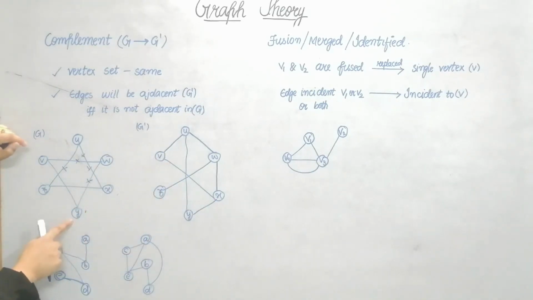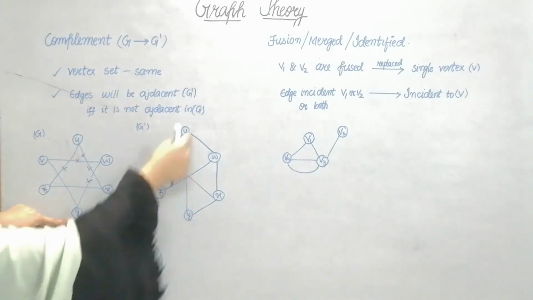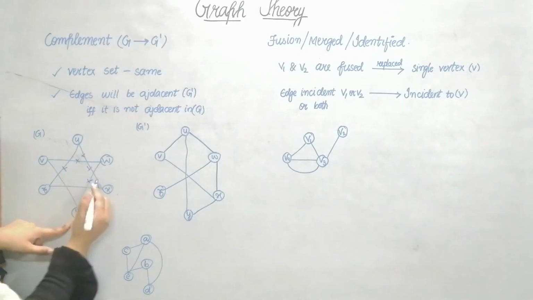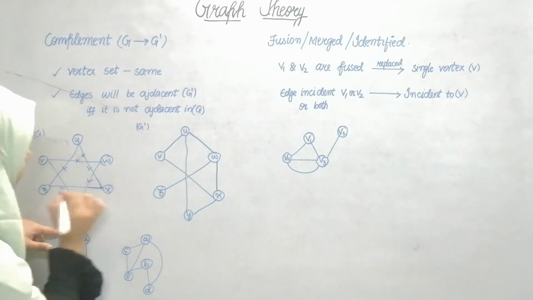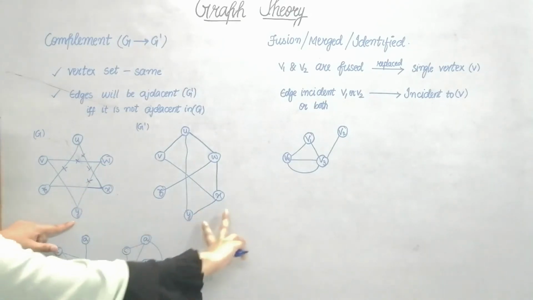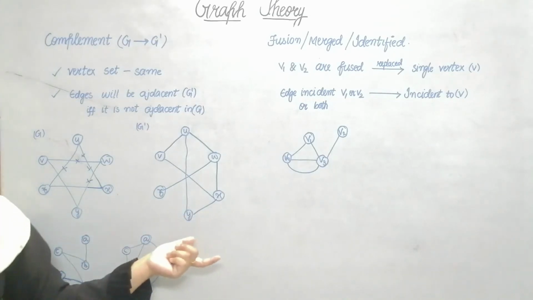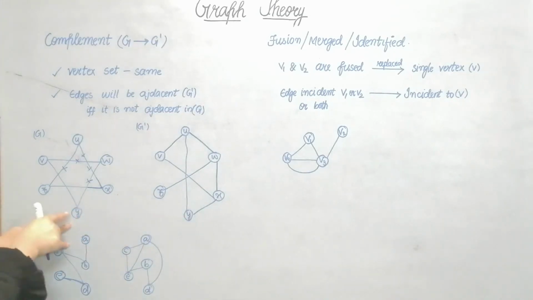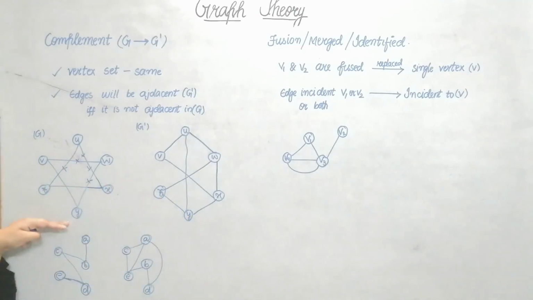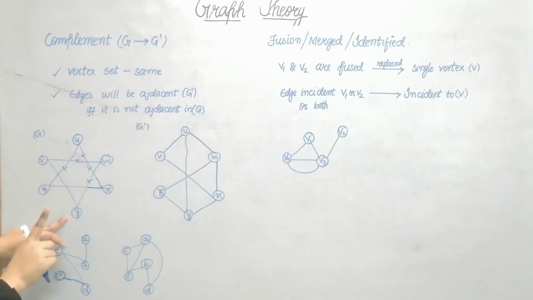Now let's see Y. Is Y adjacent to U? No. So we are going to draw one line, which is already there. Okay. Next comes W. There is an adjacency edge here. So we are not going to include this. Okay. For YZ, it is not here. So we are going to place it here. We are going to draw it here. Okay. The next is Y to Z. No edge. So we are going to form an edge. Okay. Next, Y to V. Yes, it is there. So we are not going to include it.